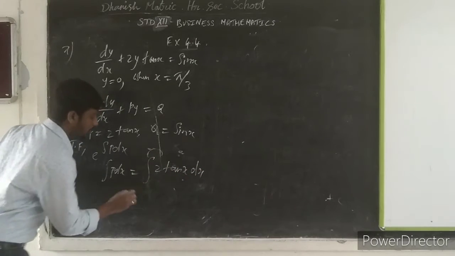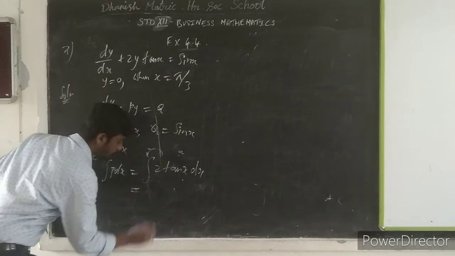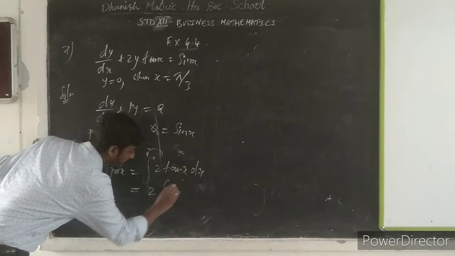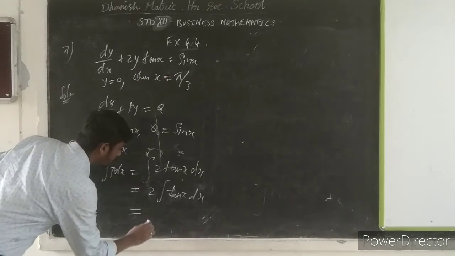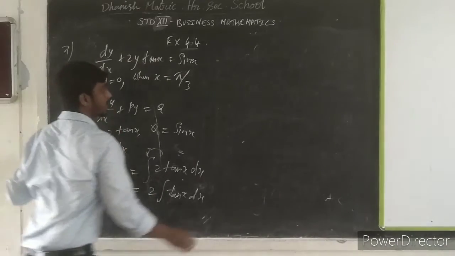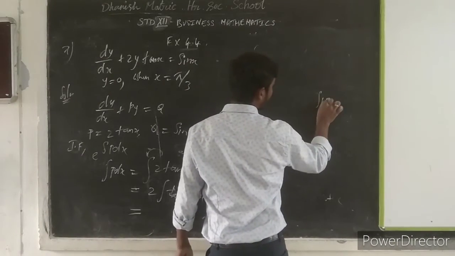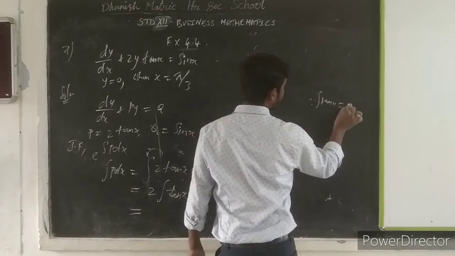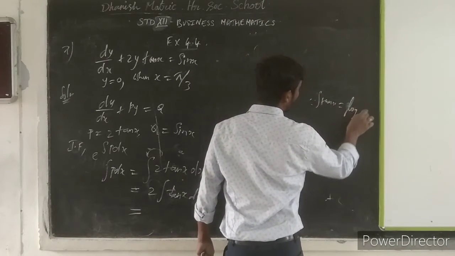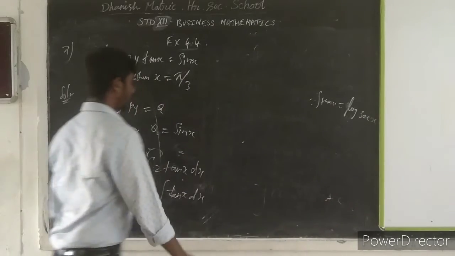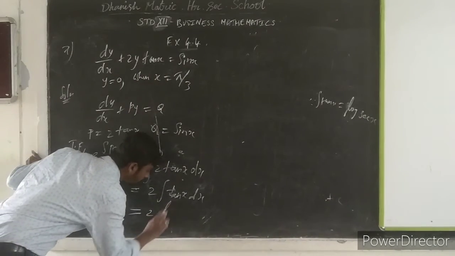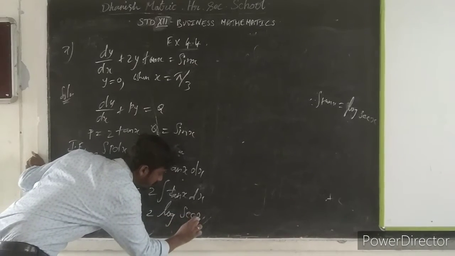The constant goes outside the integration, so 2 times the integral of tan x. Integration of tan x equals log secant x. Now substitute into this one: 2 log secant x.